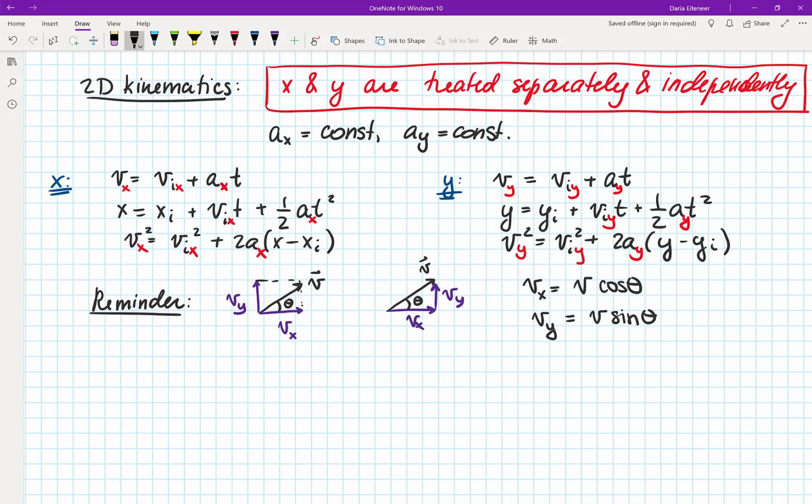I guess I should also do the same thing for acceleration. If we had an acceleration vector, right, then I could also find components of the acceleration vector like this or like this.